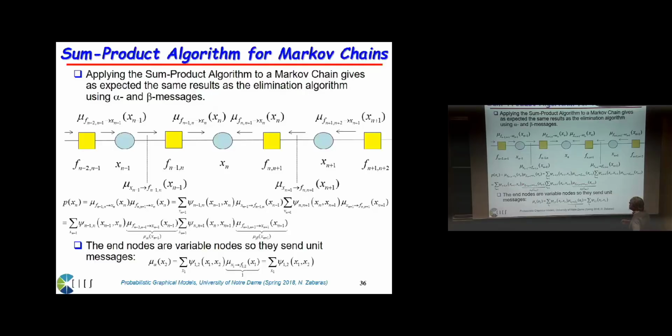The alpha message is computed from left to right, a forward calculation. There is a recursive relation here. If I call this m alpha at xn minus 1, what name should I give to this whole term there?